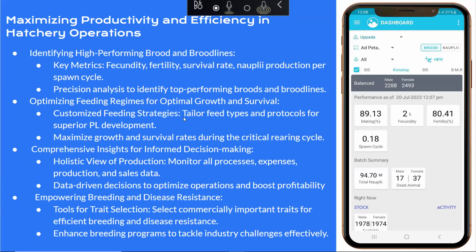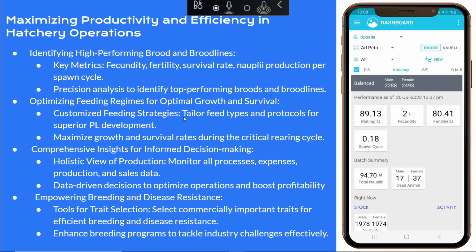Now they are empowered using Blue Hatch in breeding more disease resistant shrimp seed. They have tools for breed selection, and they can view the data of what is working out.